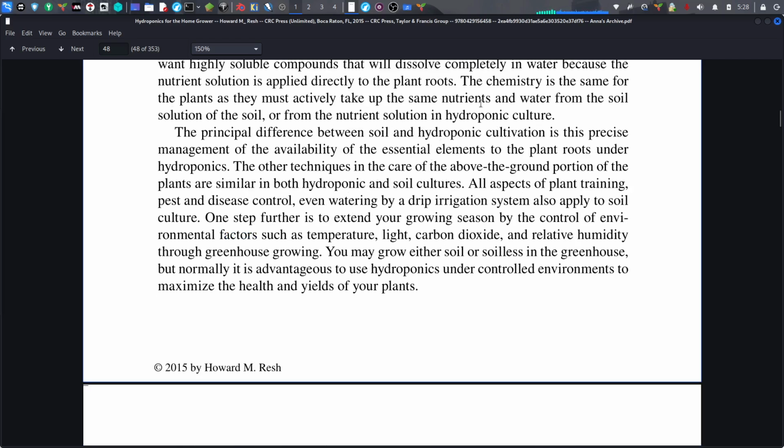The principal difference between soil and hydroponic cultivation is this precise management of the availability of the essential elements to the plant roots under hydroponics. The other techniques in the care of the above-the-ground portions of the plants are similar in both hydroponic and soil cultures.